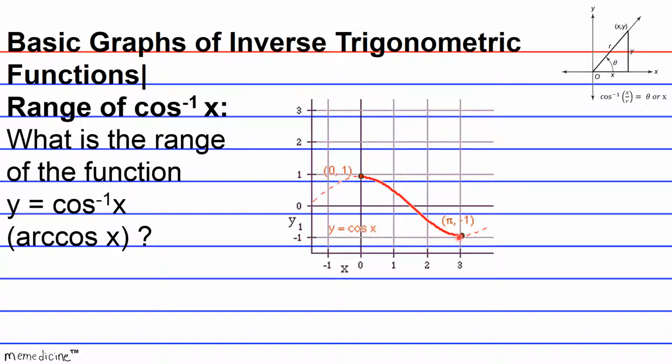And after restriction, the inverse cosine, or the arc cosine of x, can then be defined as the one angle between 0 and pi, where pi is 180 degrees, where the cosine is equivalent to this value of x, okay? And it is then a one-to-one function. And this is music to our ears.